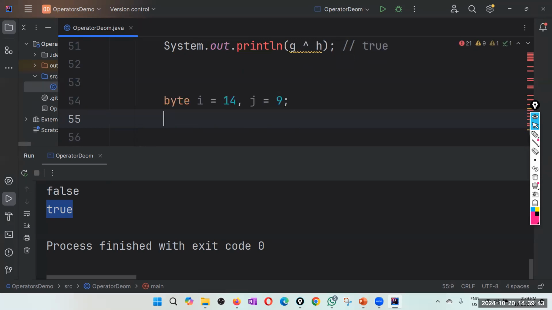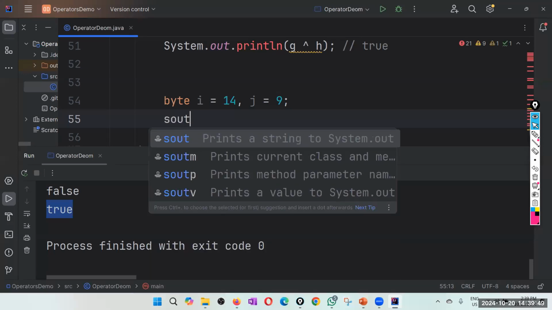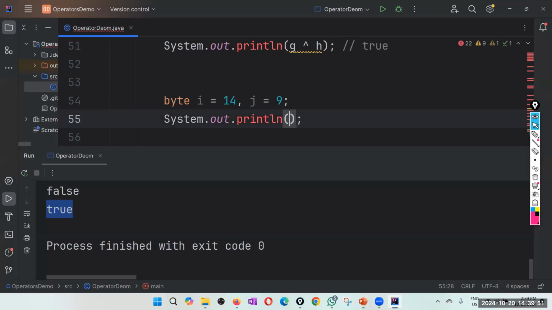Right, now I want to do bitwise AND operator, and straight away I print I bitwise AND J. Now what is the output?